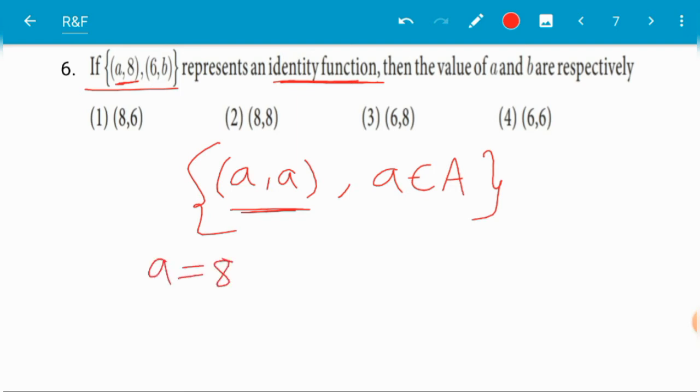First and second both should be equal. X coordinate and y coordinate should be equal. And in the same way you equate here: b is equal to what will come? 6 will come. So (8, 6). So option 1 is the correct one. You please check whether you are correct or not. These are the very important questions we have in relations. Let's see further concepts.